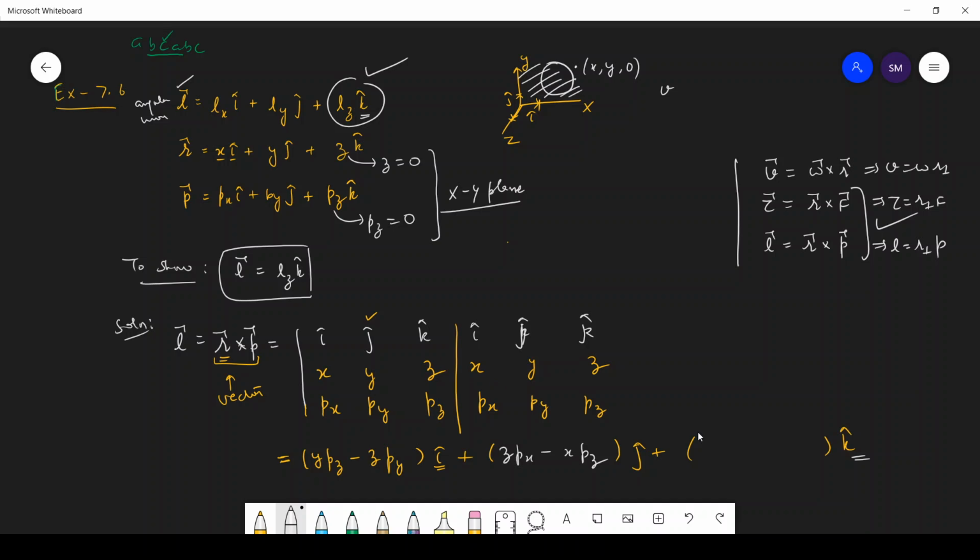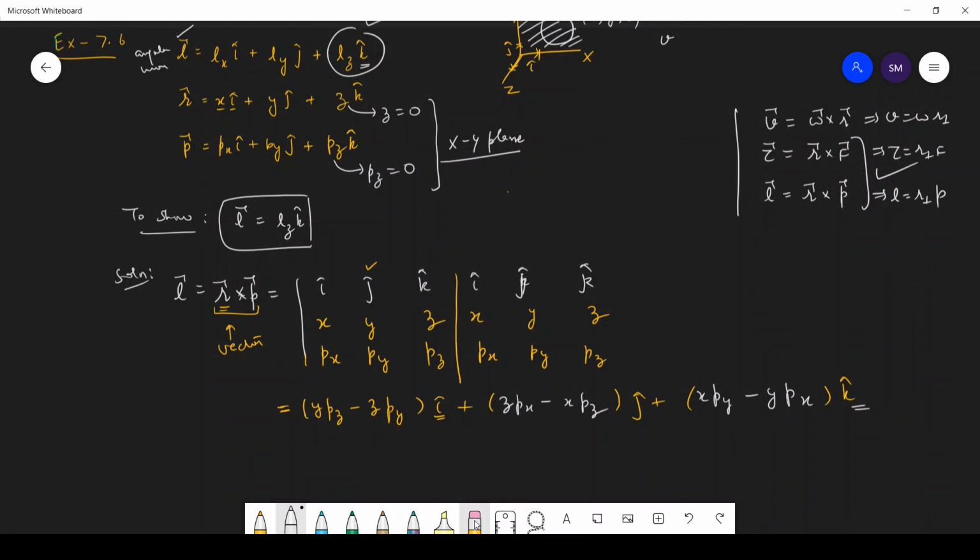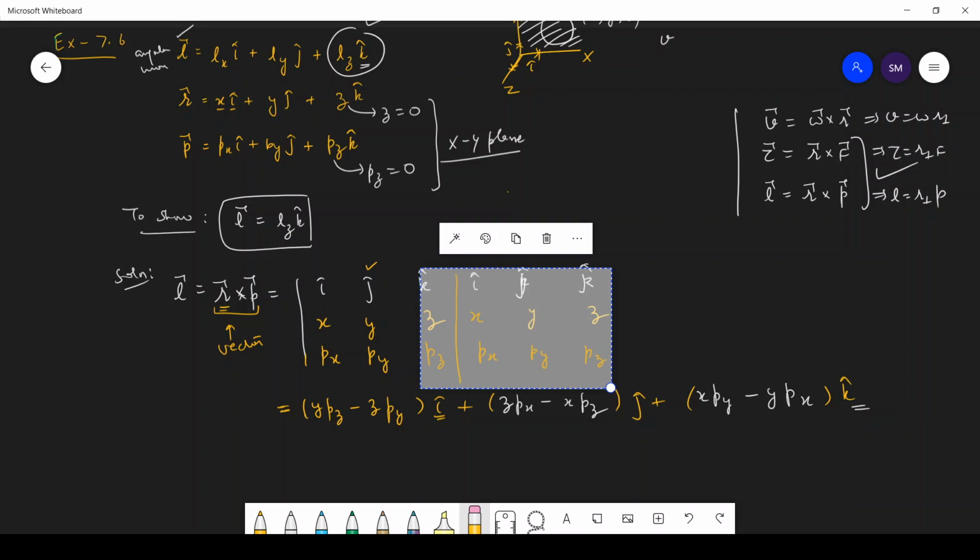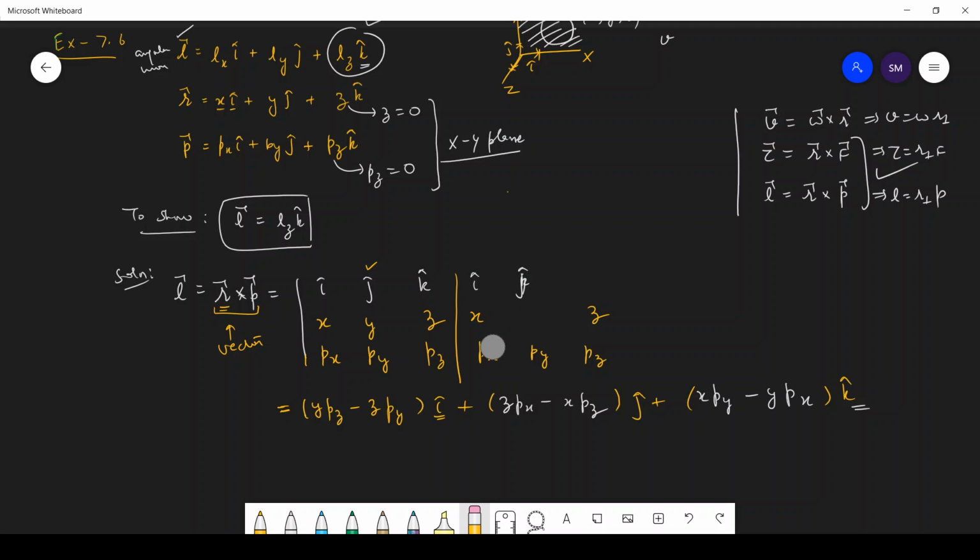So x into py minus y into px. Is this clear to everyone how to write it down? Yes, sir. Good. So now you don't need it. This is just for your understanding, so just remove this part.